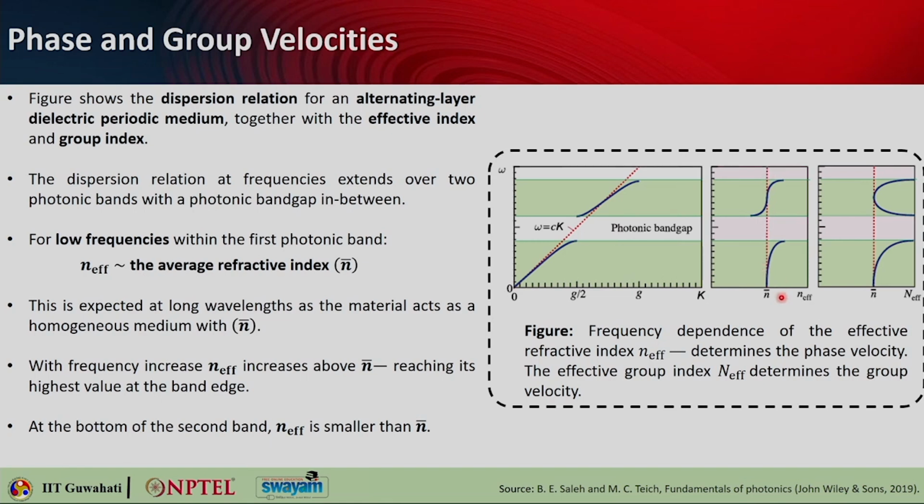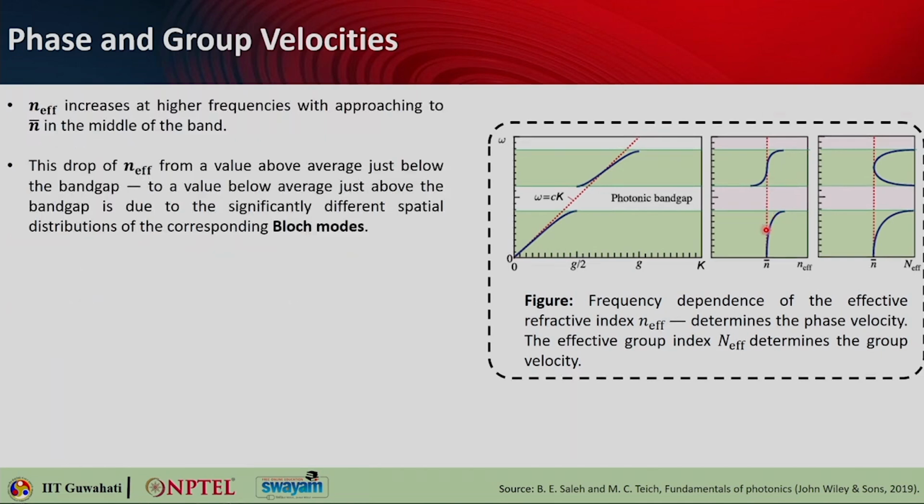So that is how it works, that with the frequency increase, initially N effective goes way above the mean value, but then suddenly it encounters a band gap, and after the band gap, at the bottom of the second band you will see that the N effective starts from a value which is much smaller than the mean refractive index. So, N effective increases at higher frequencies and approaches N bar, which is the mean value at the middle of the band. Understood?